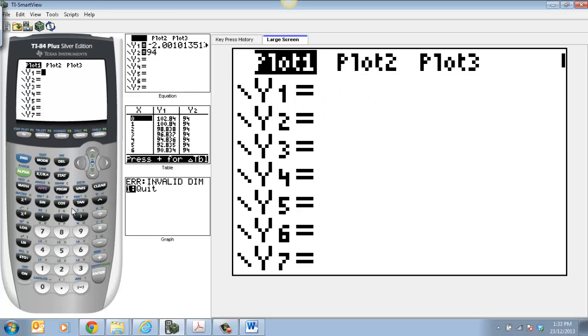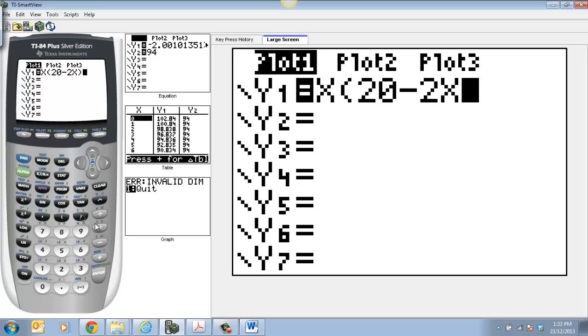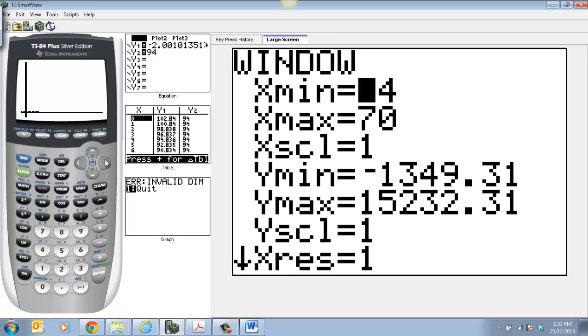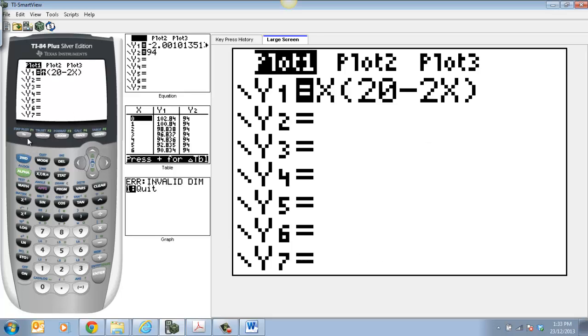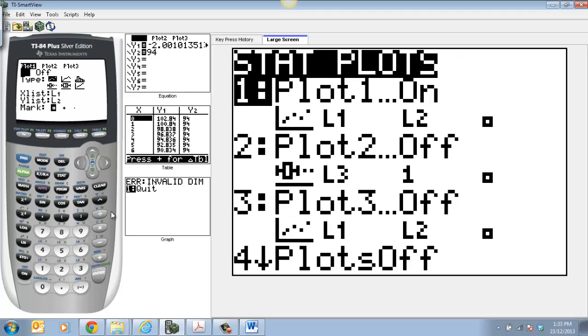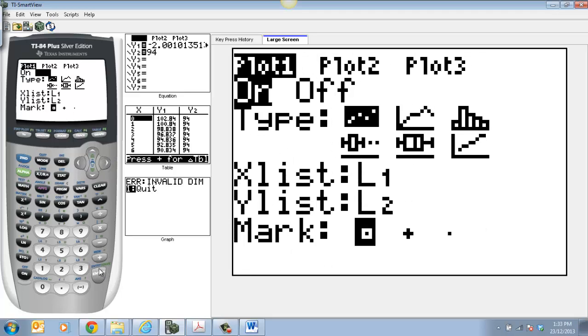So I need to put into my calculator x bracket 20 take 2x. Now I could have also written it the way I'd also had it there. And then obviously if I graph that, I'm not going to see that. I've got my x value one, so I need to go and turn my scatter plot off. So go to there, turn it off, and I have to think about a possible scale.